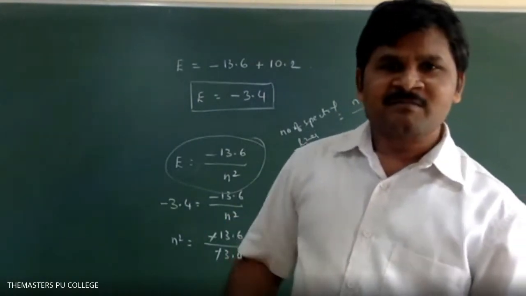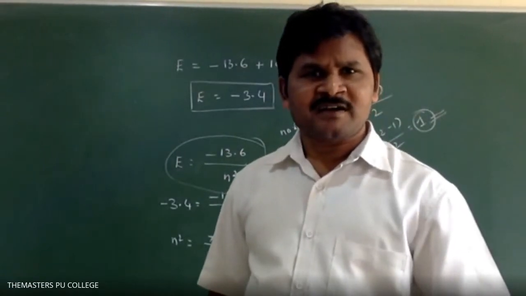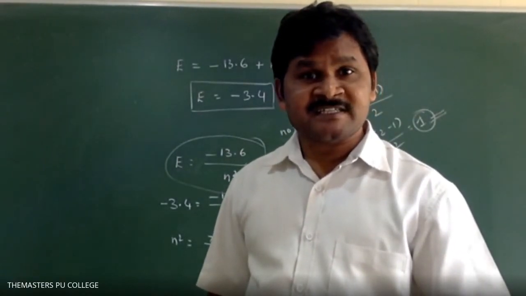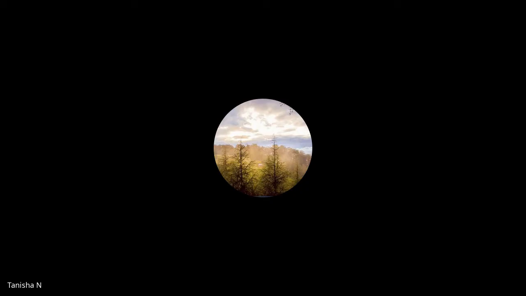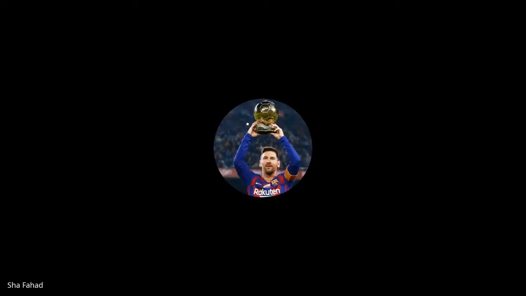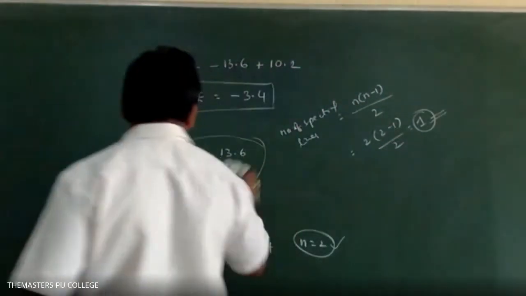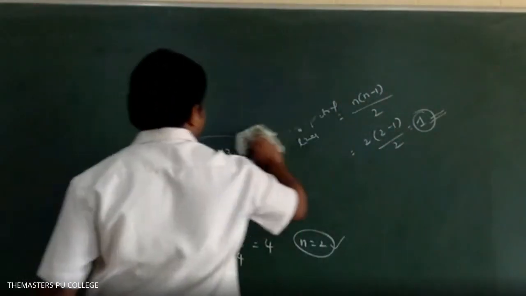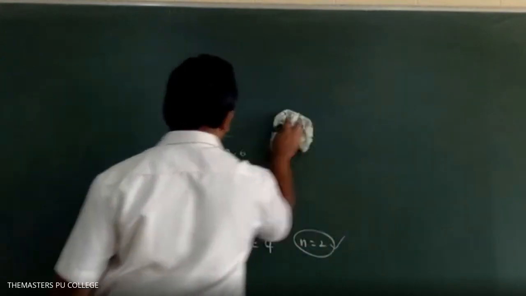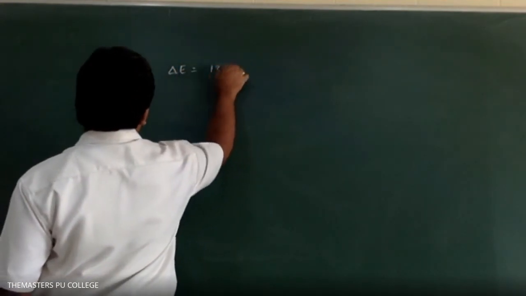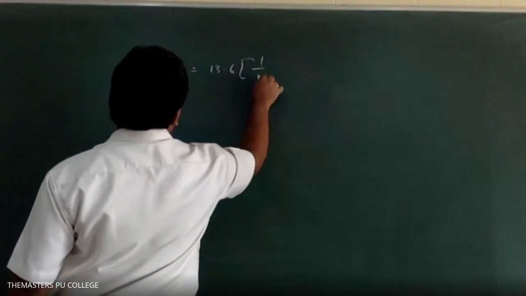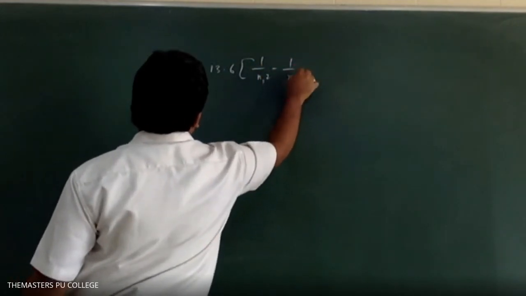Yesterday I wrote one formula: Delta E is equal to 13.6 into 1 by n1 square minus 1 by n2 square.